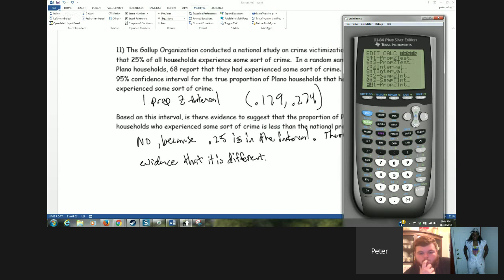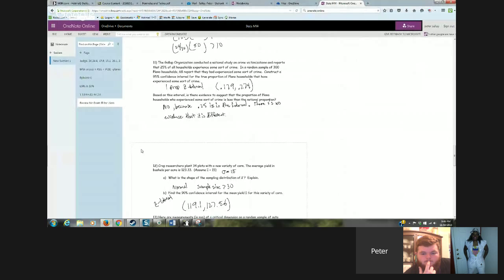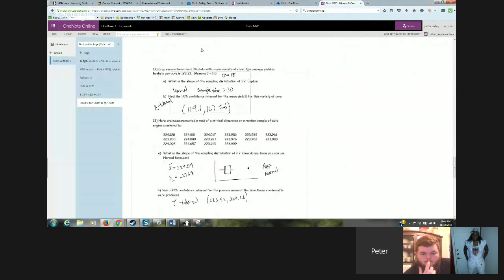My question back at you, Josh, is do you know how to tell the difference between a Z or T? No. Okay. Somewhere in the problem, let me see if I can find an example of this. Okay, so like number 12 here, they actually told us the population standard deviation. So because they told us that, this is a Z interval.